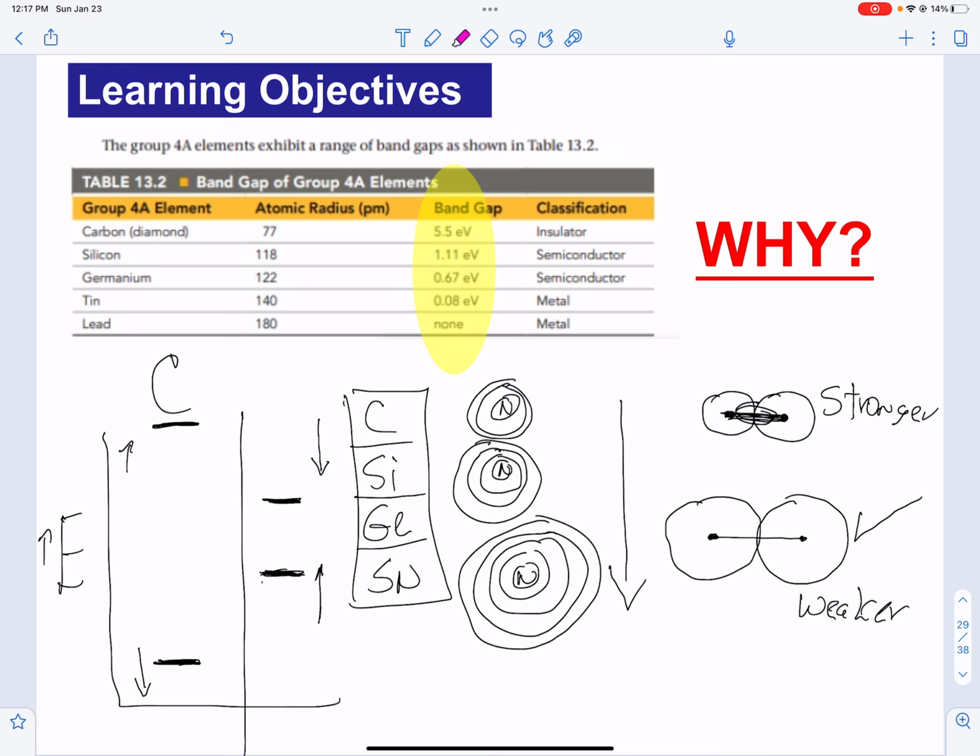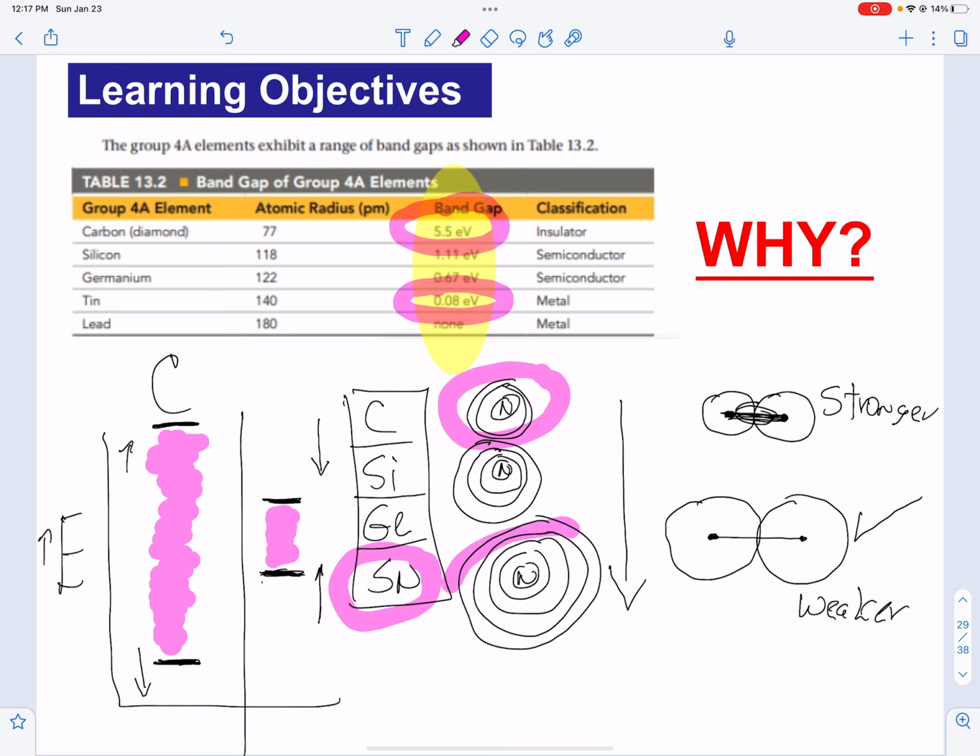Therefore, we can visualize that the band gap on the stronger bond is going to be bigger than the band gap between the weaker bond, which is what we see. We see a bigger band gap on the smaller atom compared to a super small band gap for the bigger atom. So that's how you can rationalize the size of the band gap in terms of the periodic trends, in this case, the radius.